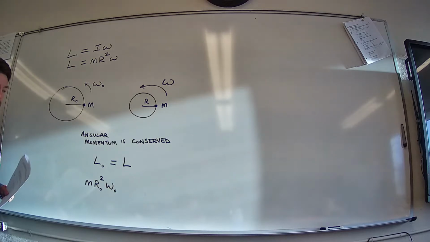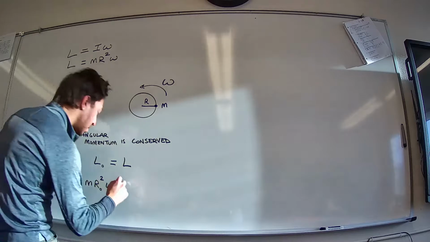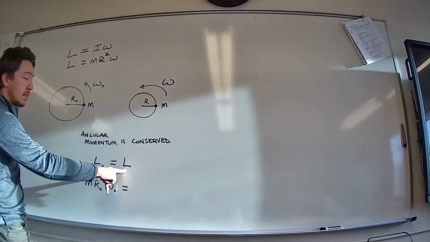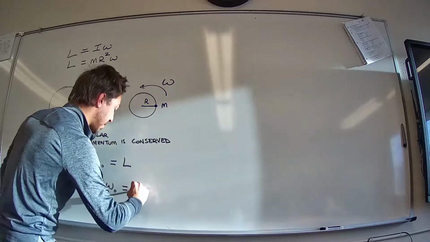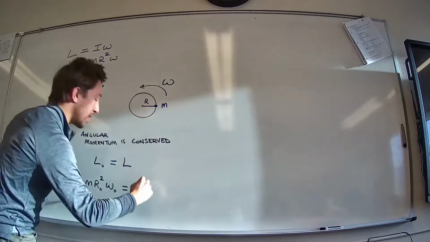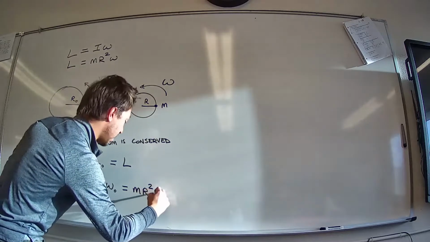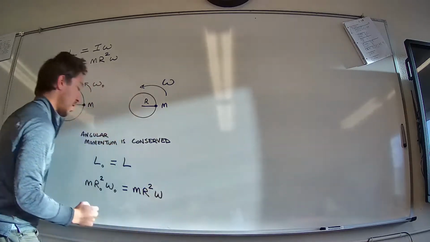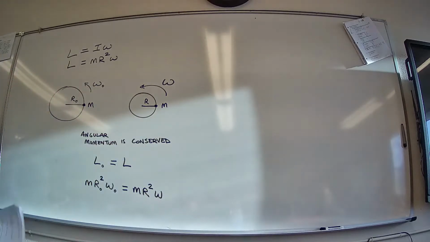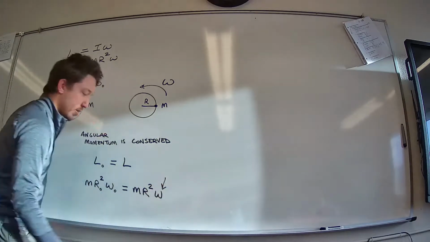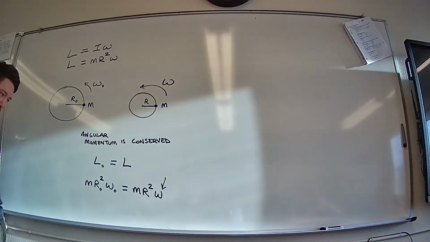That make sense? And then the final angular momentum would be the same mass times the new radius squared times the new omega. And what are we solving for? The new angular velocity, the new omega.